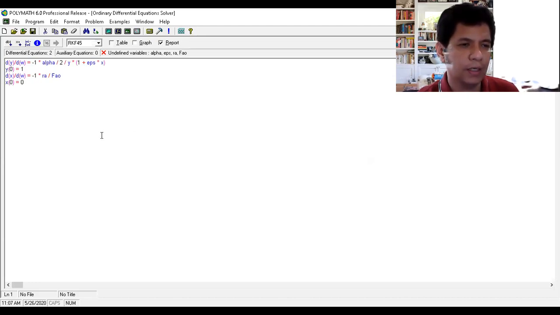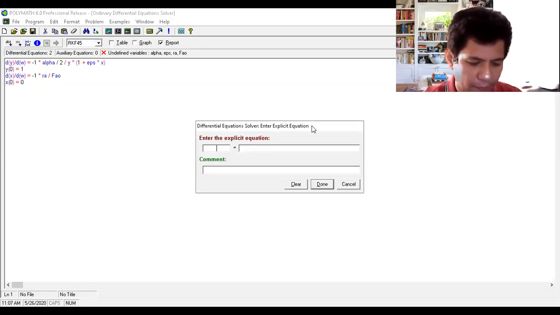And then you should define all the constants. You're going to add them as explicit equations. So just click over here, explicit equation. First, let's enter the value of alpha.